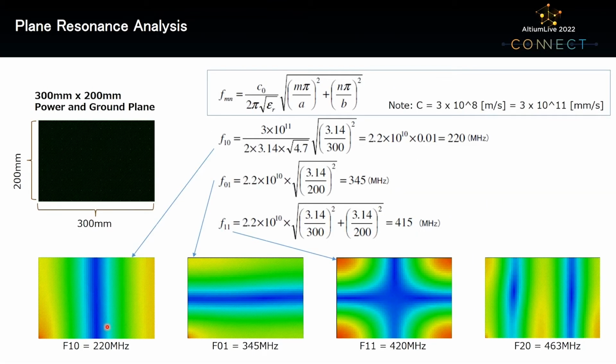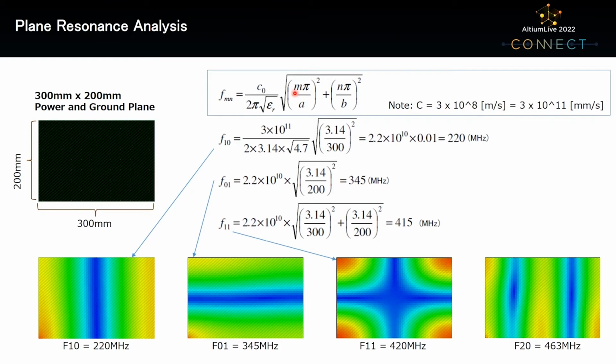The resonance frequency of parallel plane can be obtained with such a simple formula. In this formula, the plane has A millimeter horizontal length, and vertical length is B millimeter. And M and N are the natural number of 0 or larger.